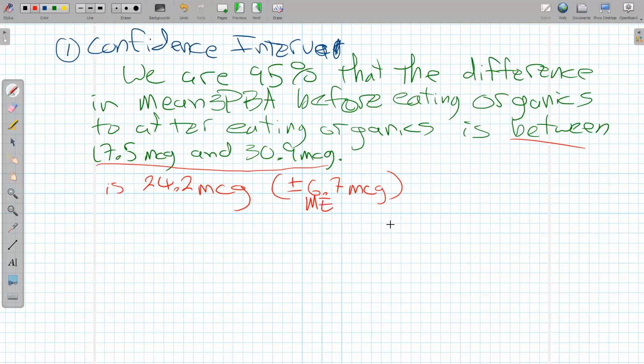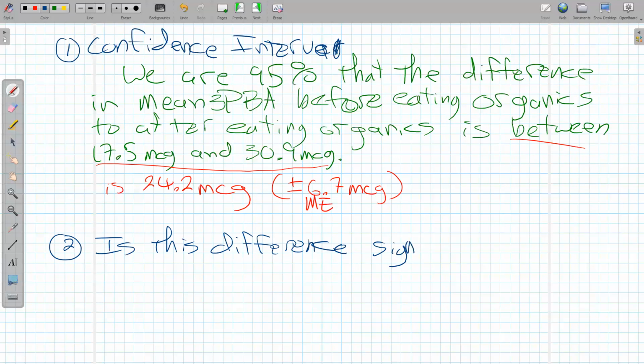Now, the other thing, the more interesting question, is this difference significant? And that's a trickier question to answer. And the way I tried to answer that last week is just to say the following.